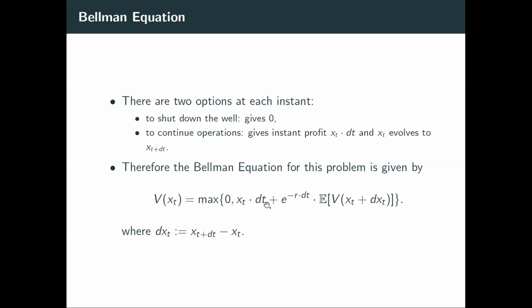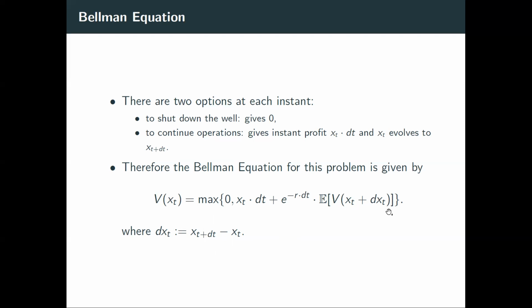Then you discount by a DT interval, right? And then in the next instant, you will move to the state variable, which is XT plus DXT, where, purely notational, DXT is the change between the next value of X and your current value. So basically here, what is written is exactly X of T plus DT.